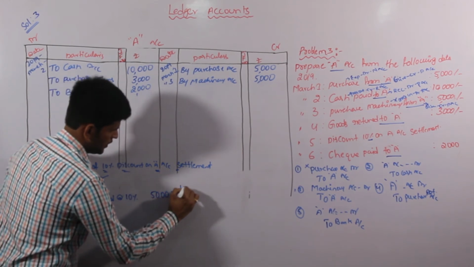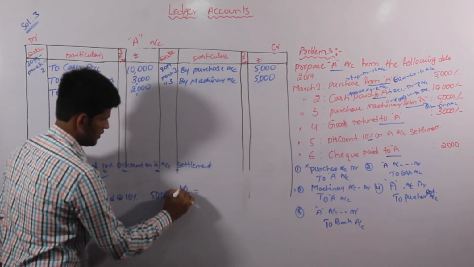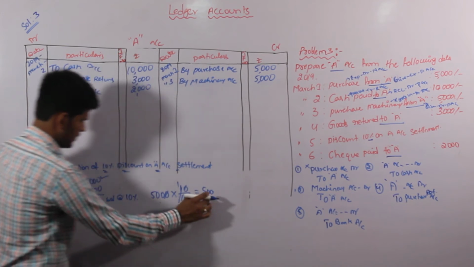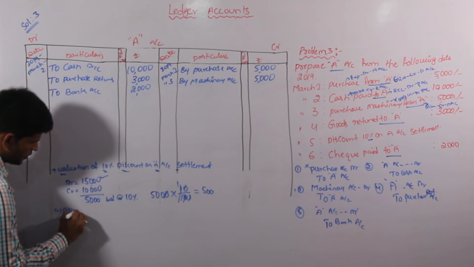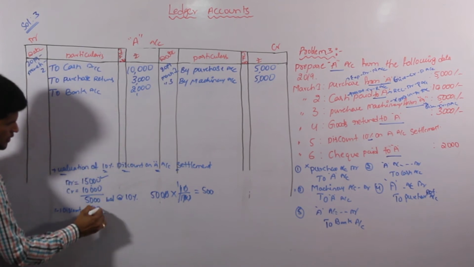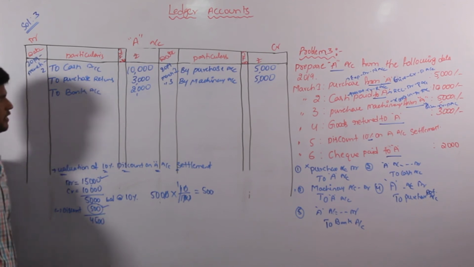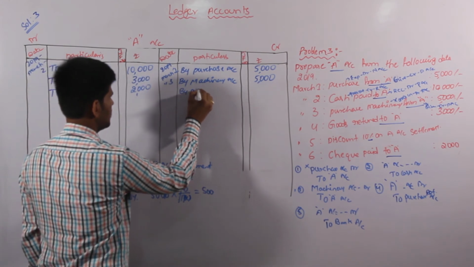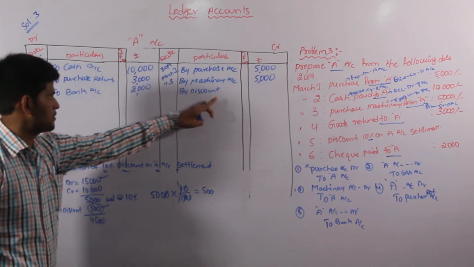So 5,000 into 10 divided by 100: zeros cancel, and 1 into 5 is 5, so 500. This is the discount, 500. Deducting it gives 4,500. So this value is converted to the credit side; I write it as discount. This also comes on the credit side.